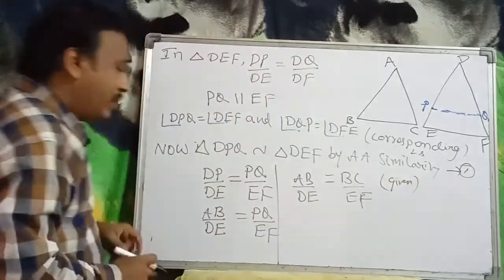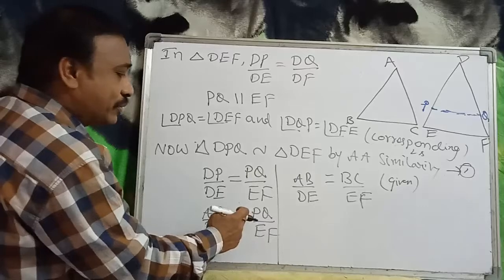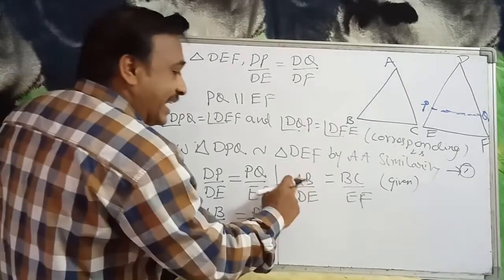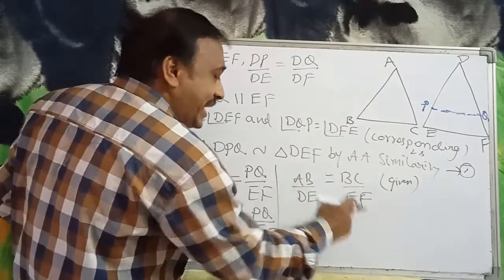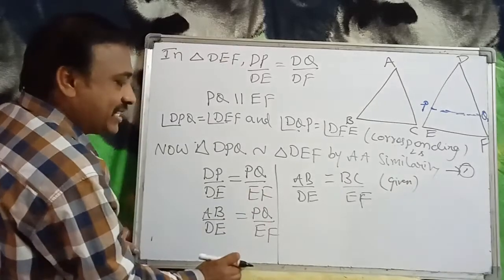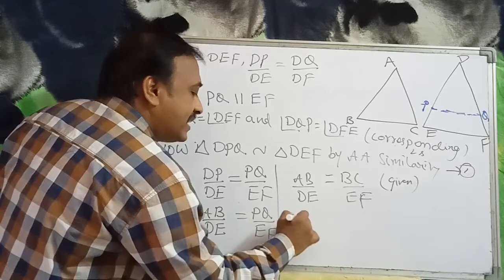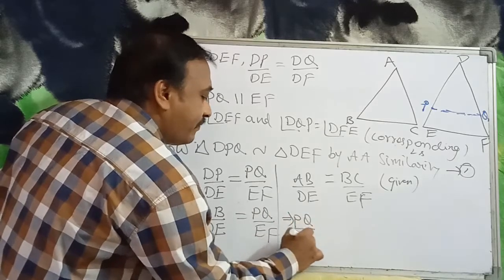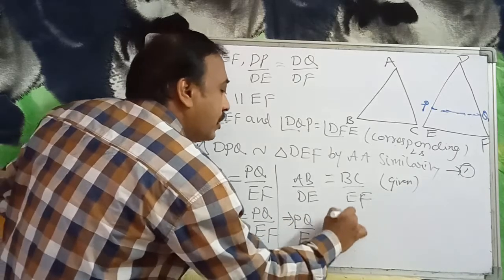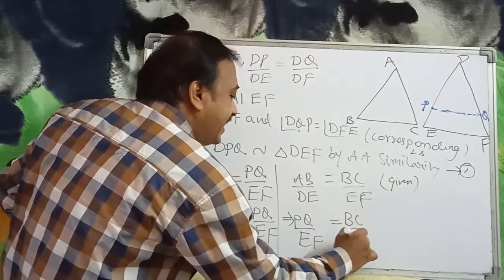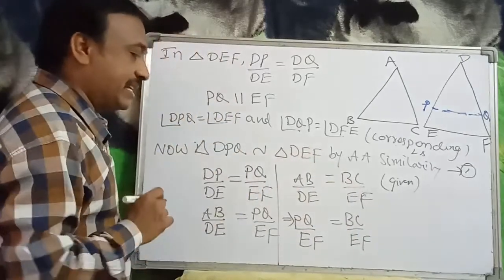Now AB by DE is equal to PQ by EF, and AB by DE is equal to BC by EF. From these two, what can we say? PQ by EF is equal to BC by EF.